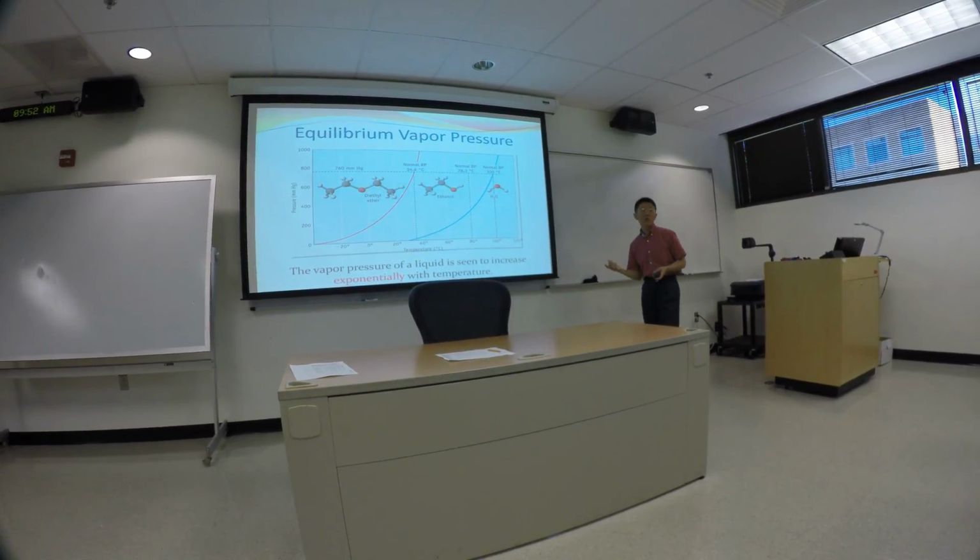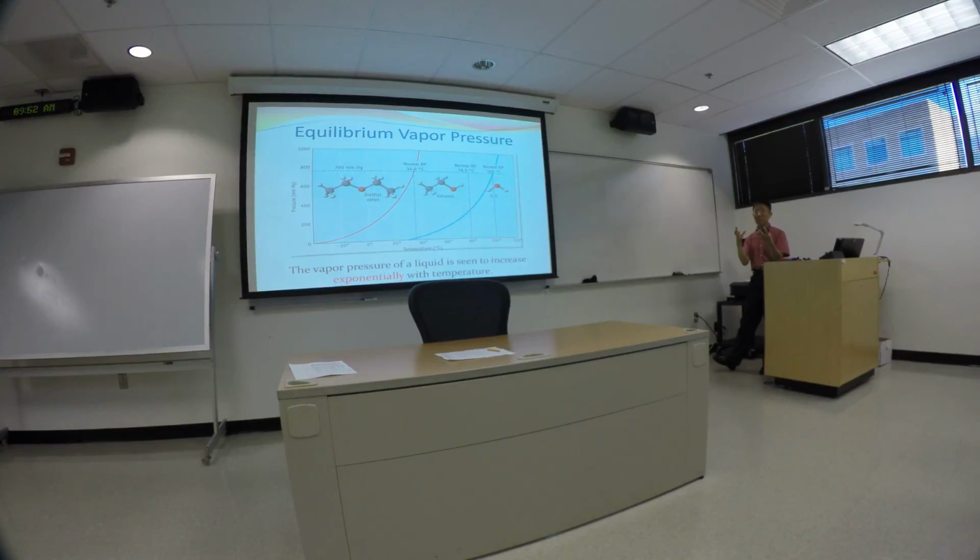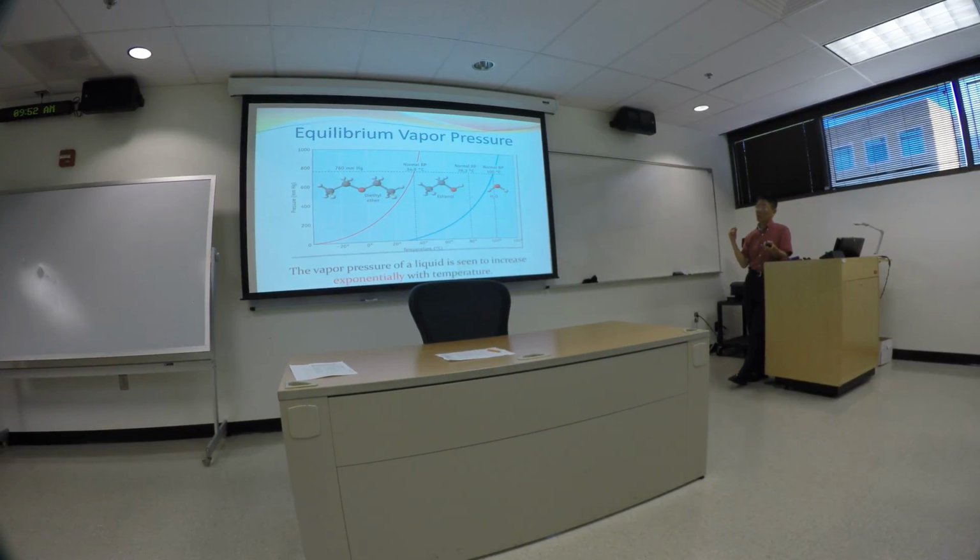As the temperature goes up, the pressure is going up. And we're talking about the equilibrium vapor pressure, which is when you have a sealed container with a certain amount of liquid in it.